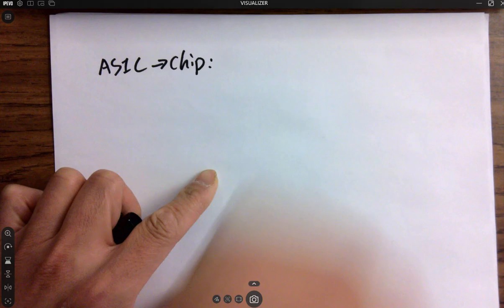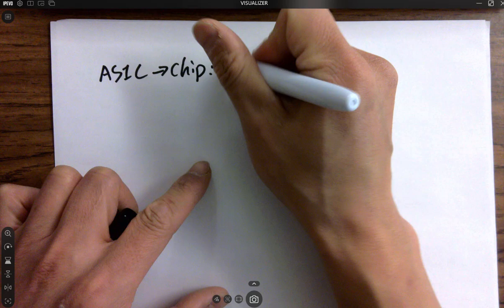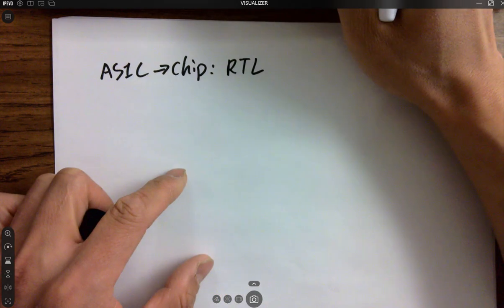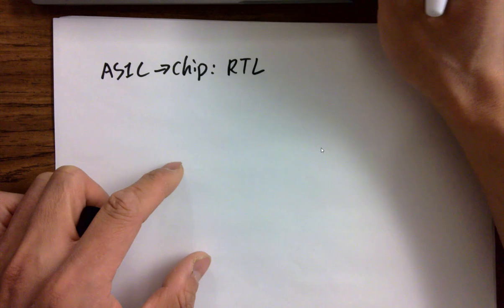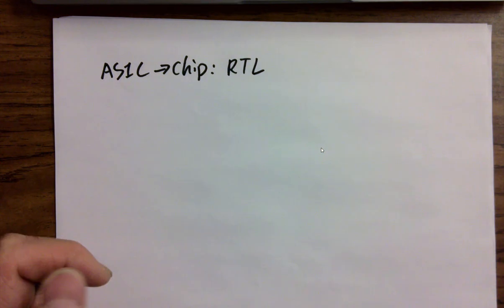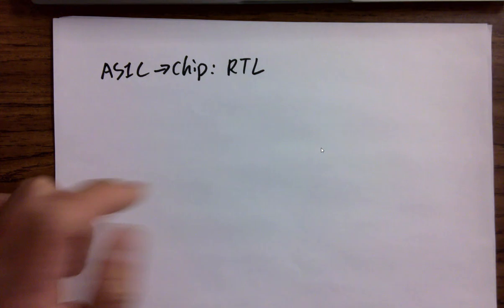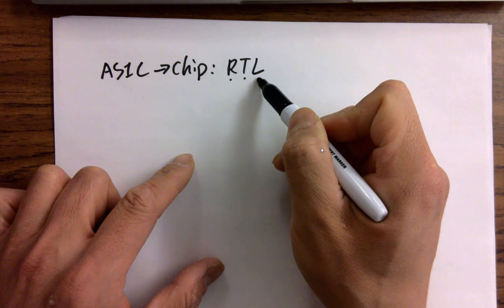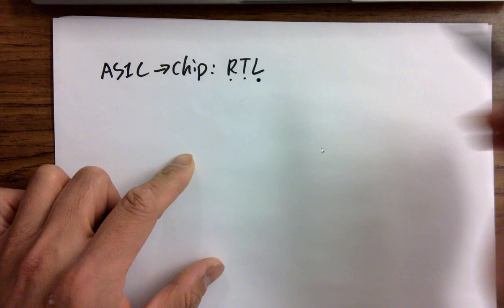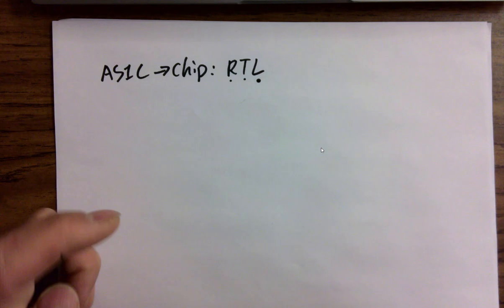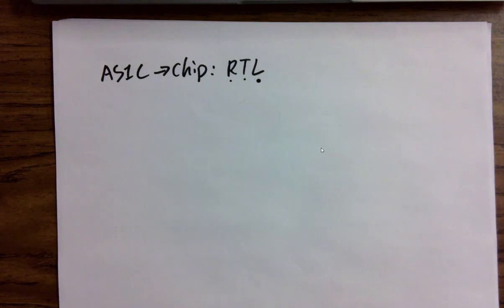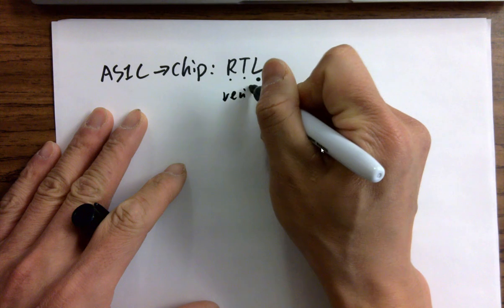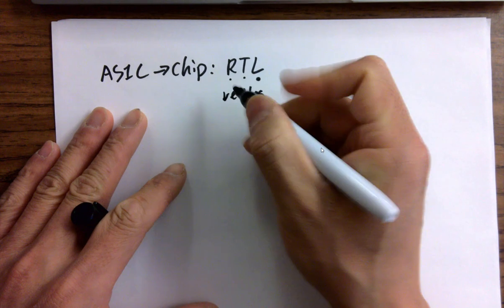If you're targeting a chip, right? So start with RTL. RTL is almost the same as all the Verilog code we're learning in this class. It's a register transfer level hardware description language. It's also Verilog, but you are modeling the different components at a different level. But it's just Verilog, to make it simple. And this has to be synthesizable.